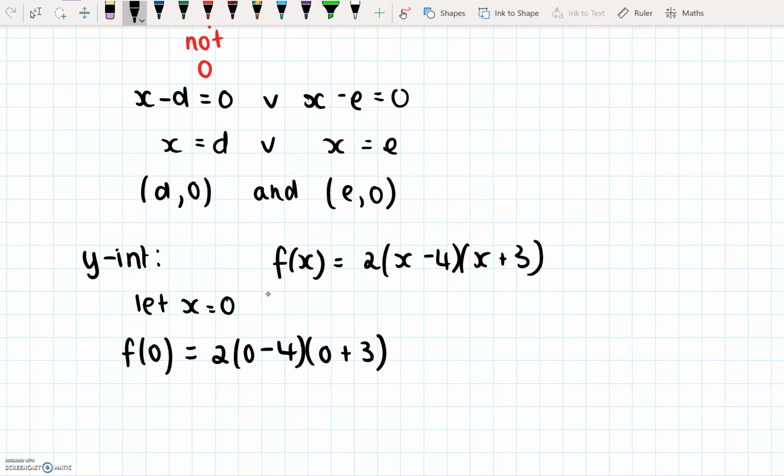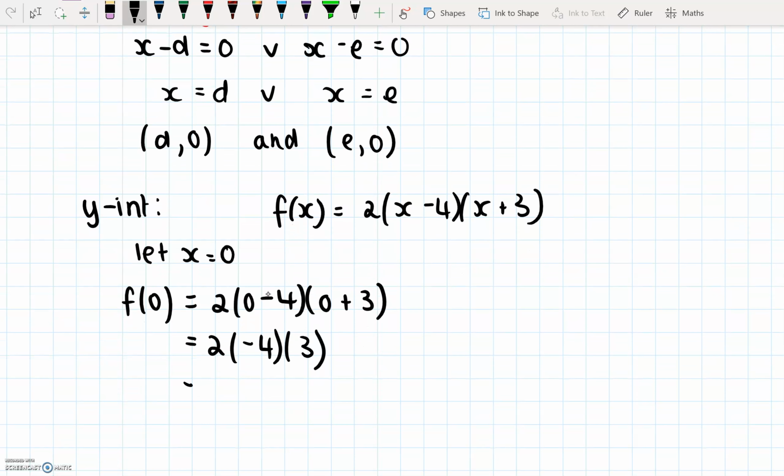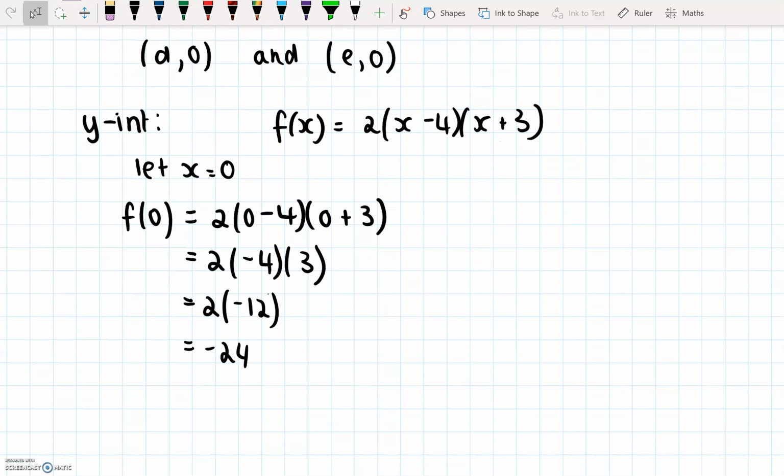So all I've done is I've replaced the x's with zeros. So we have 2 times 0 minus 4 is minus 4, times 0 plus 3 is just 3, which becomes 2 times minus 12, which is minus 24. And this is how we find the y-intercept. So in this case, our y-intercept is (0, −24).